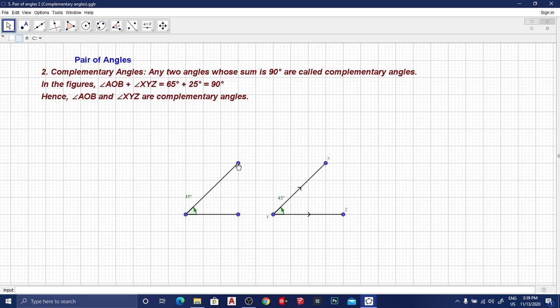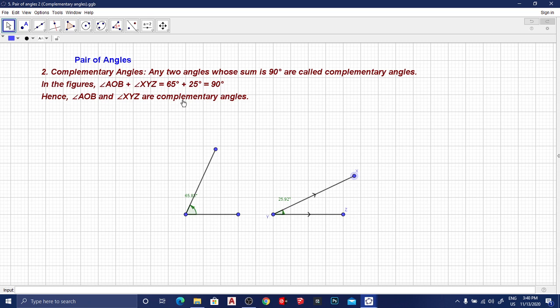If I take this as 65 and this as 25, by adding these two angles you will get 90 degrees. So these two angles are complementary to each other.